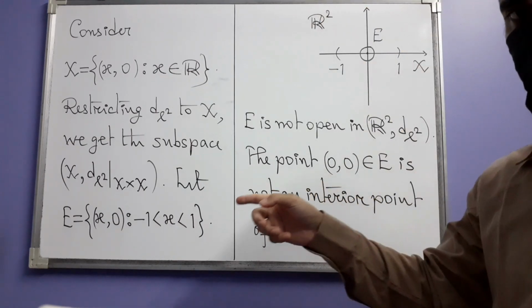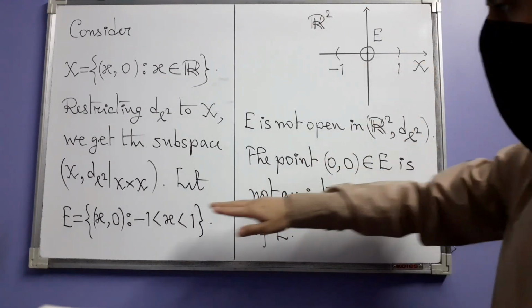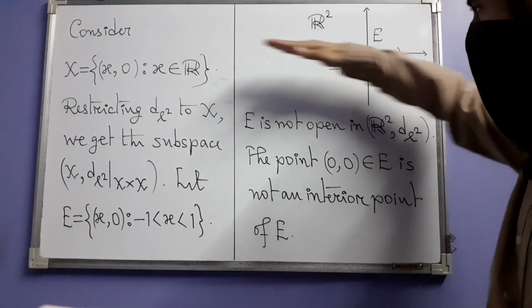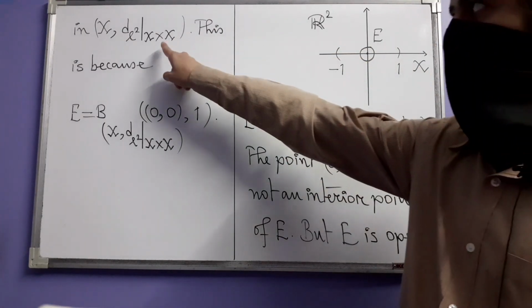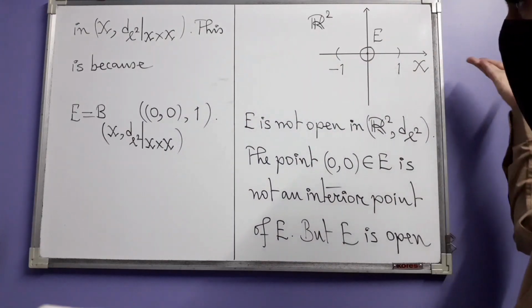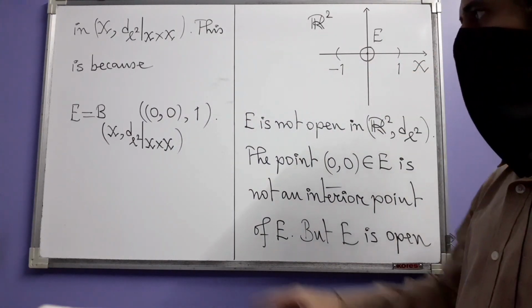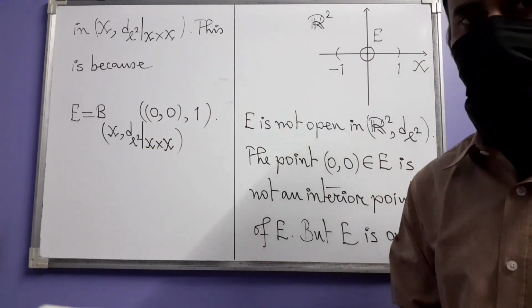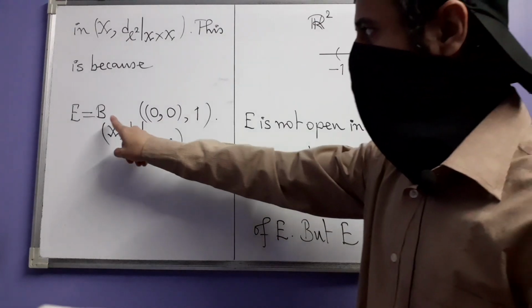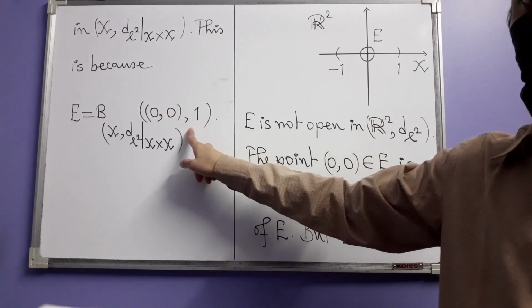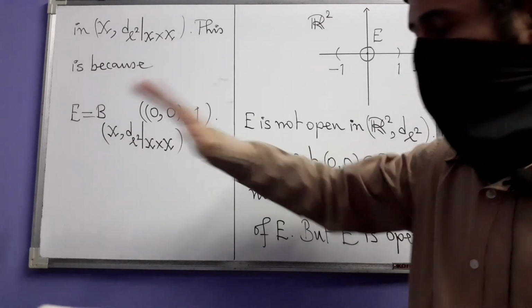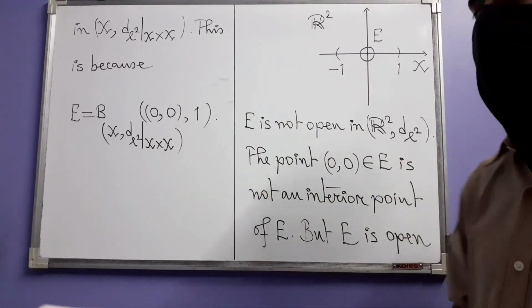But as we will now see, E is open in this metric space, that is our x-axis, and this is because the ball centered at (0, 0) having radius 1 in this metric space is E itself.